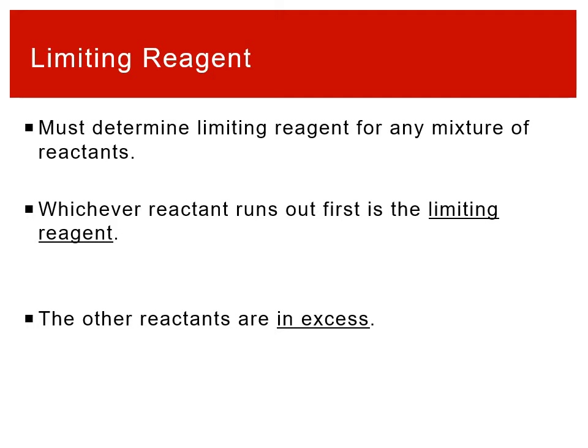You have excess, you have more of it left over. That is not getting in the way. The limitation or running out of that resource is not why the reaction has stopped. It's running out instead of that limiting reagent. And so whenever you're dealing with a situation where I have just some reactant mixed together, you need to figure out which one's going to run out first.